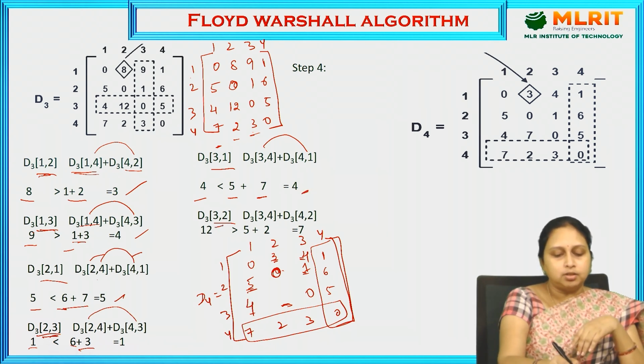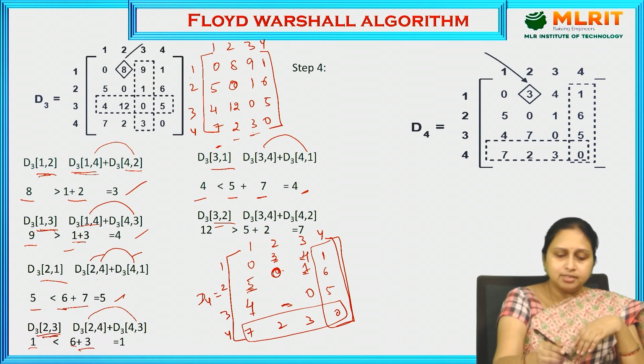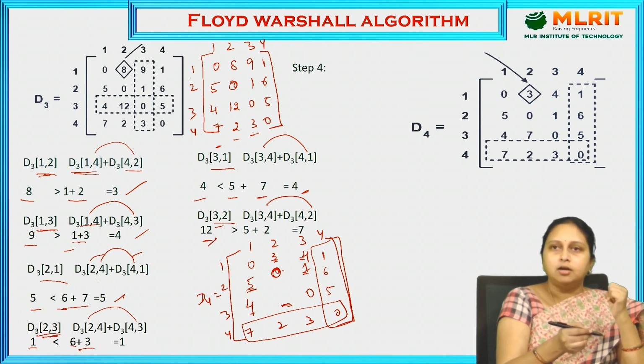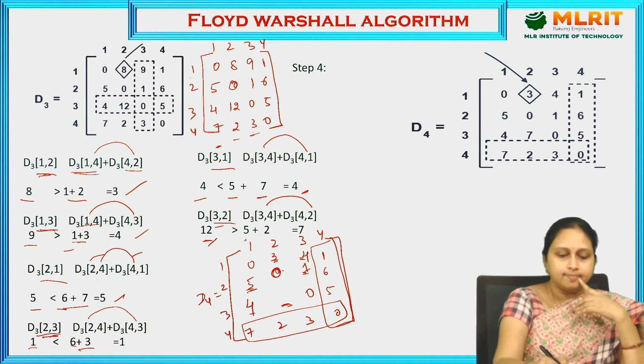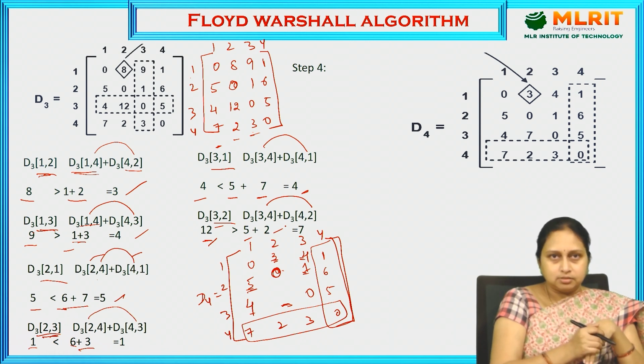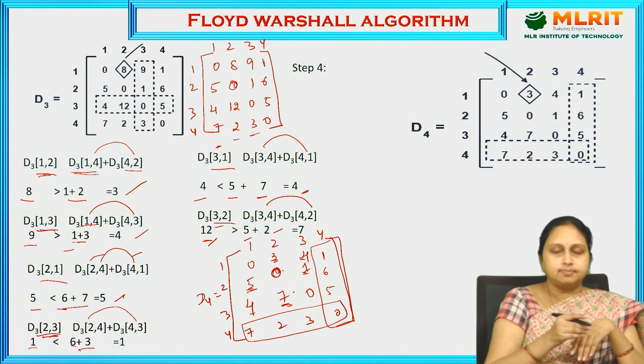And the last one, 3, 2. 3, 2 can be written as 3, 4 and 4, 2. And here 3, 2 value is 12, and 3, 4 value is 5, and 4, 2 value is 2. That is 7, which is less than 12, so we are going to place 7 here, right?